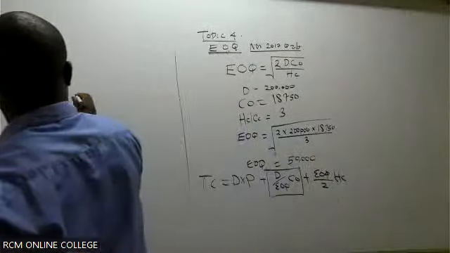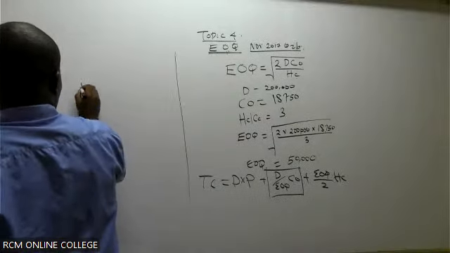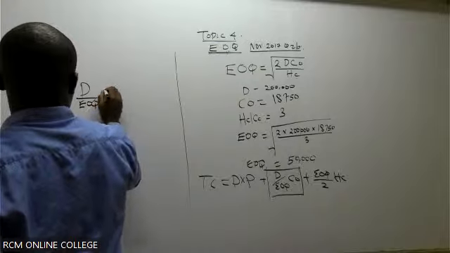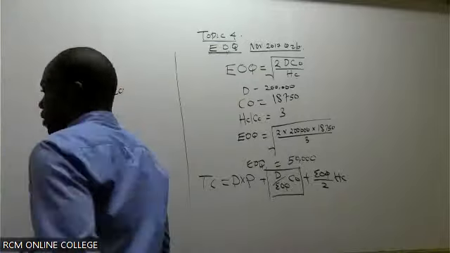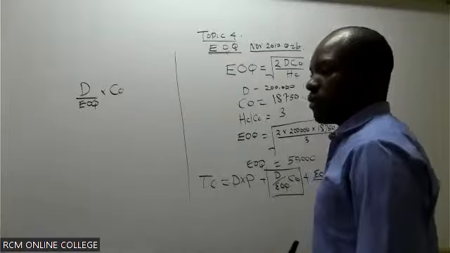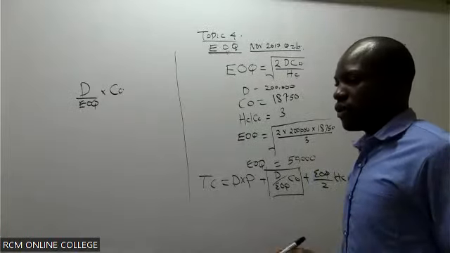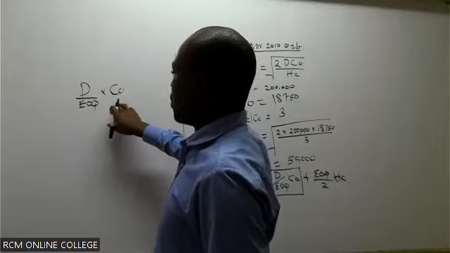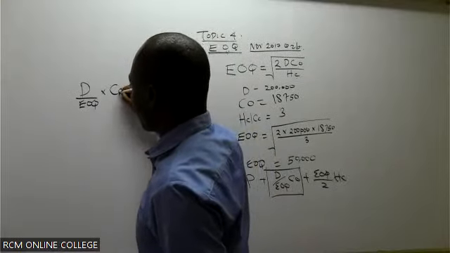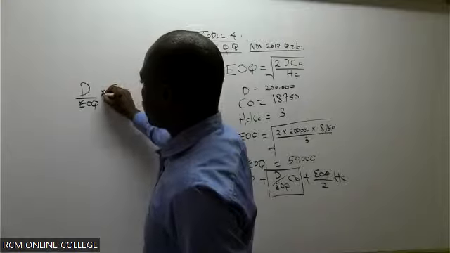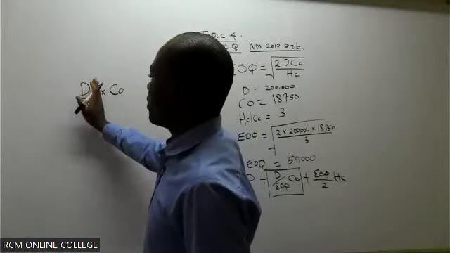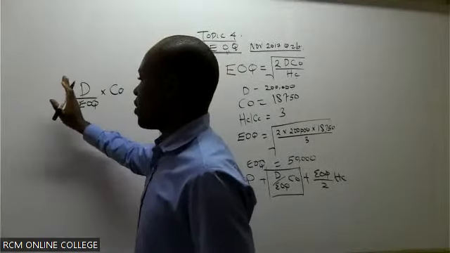Demand divided by economic order quantity. And you're able to see we are multiplying by ordering cost per order, not total ordering cost. This is cost per order. Anytime we make an order, we are incurring this particular cost. So it means for us to get the total ordering cost, we are taking cost per order multiplying by the number of orders.